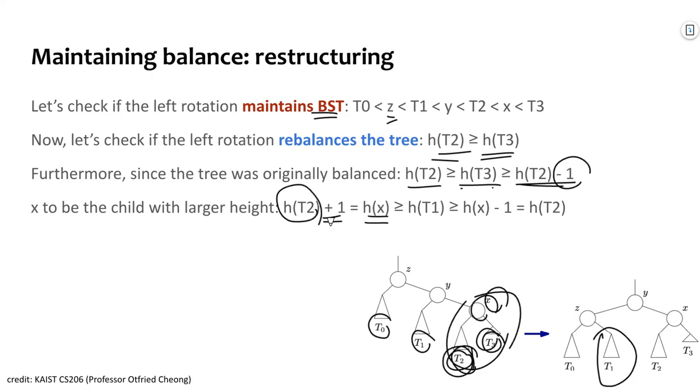Because we chose X as having larger height than T1, the height of X is larger than HT1. And because the difference was no larger than 1, HT1 is HX minus 1. When you look at this equation, you can easily verify that HX minus 1 is HT2.